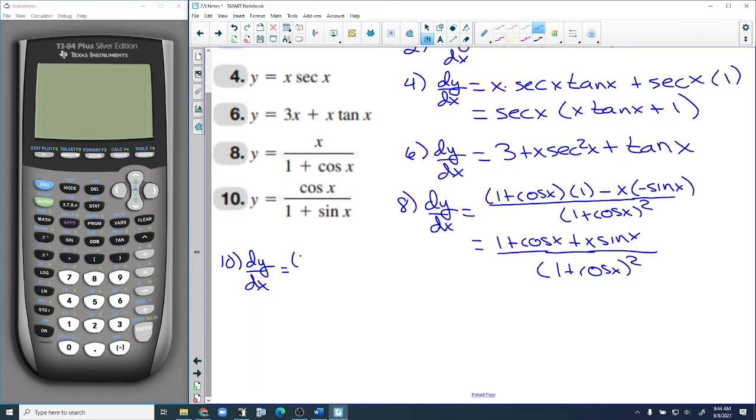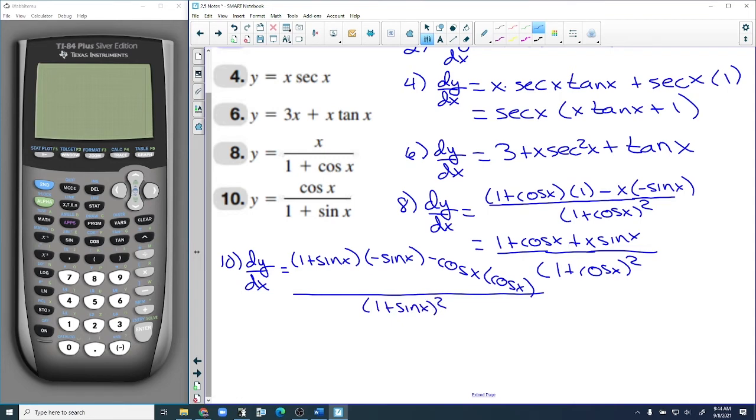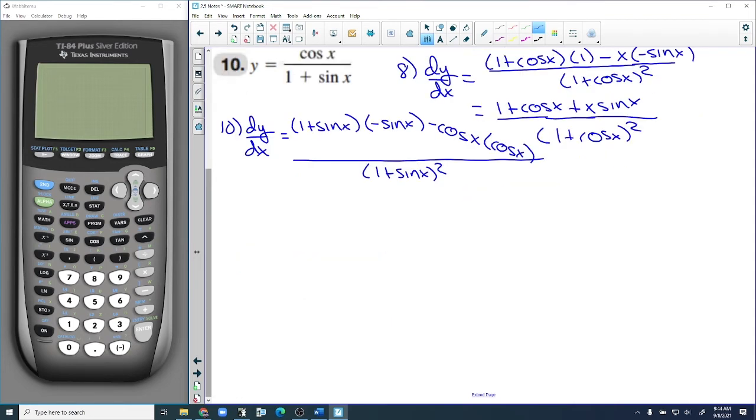It is equal to bottom times the derivative of the top, minus top times the derivative of the bottom, over the bottom squared. This is going to be negative sine minus sine squared minus cosine squared over 1 plus sine of x squared.